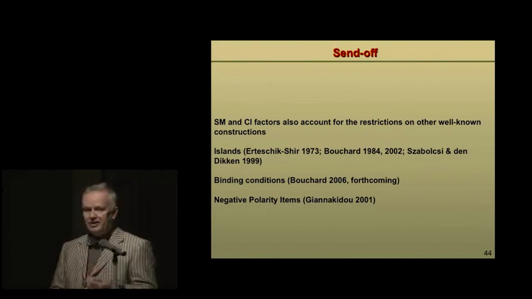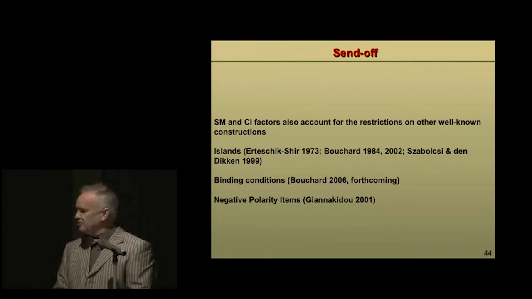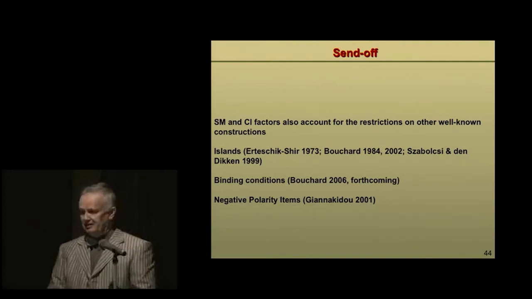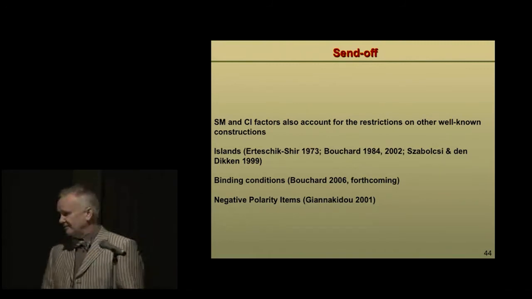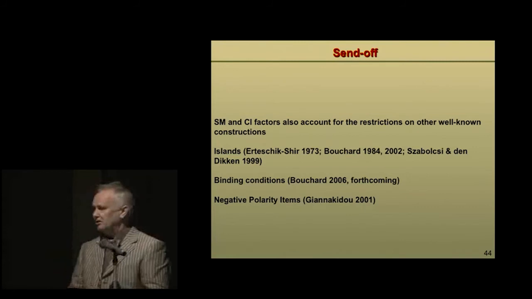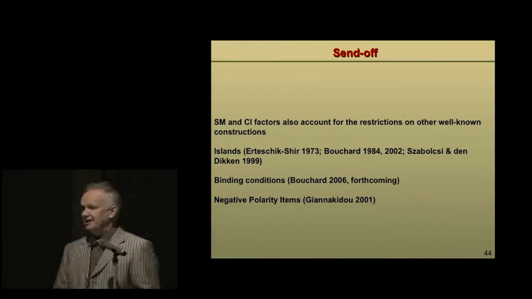Well, as pointed out at the very beginning, especially in the context of this conference, Evolang, if you have a very complex UG with a lot of things specified, the more complex it is, the harder it will be to explain its evolution. If you manage to show that you don't need it, then you're on the right path, I think. And this is a small indication that I think we can get on the right path.